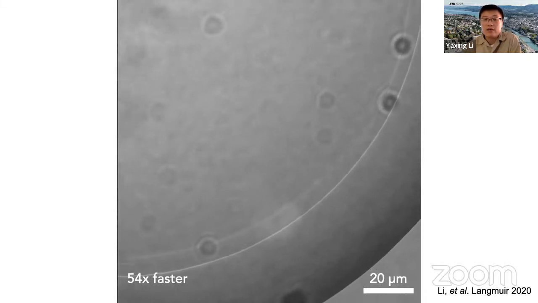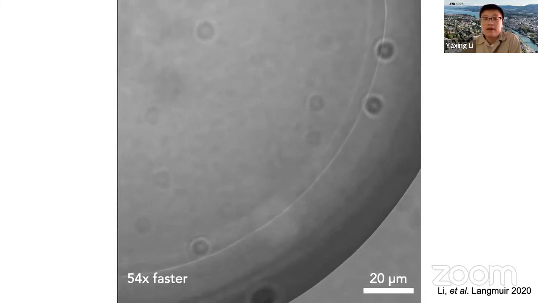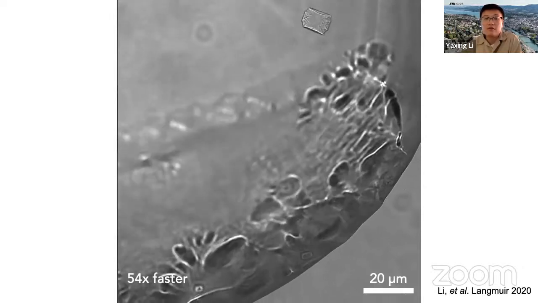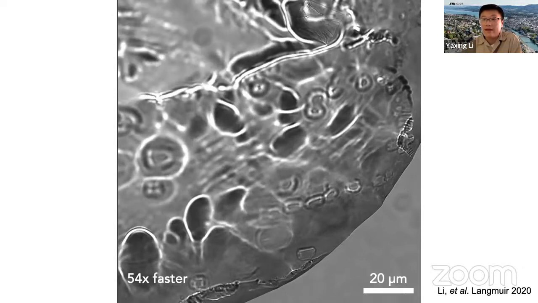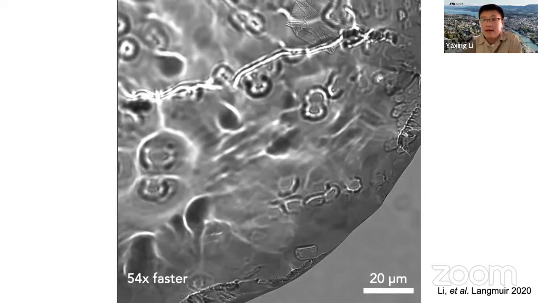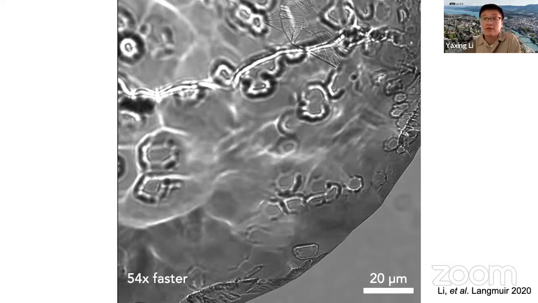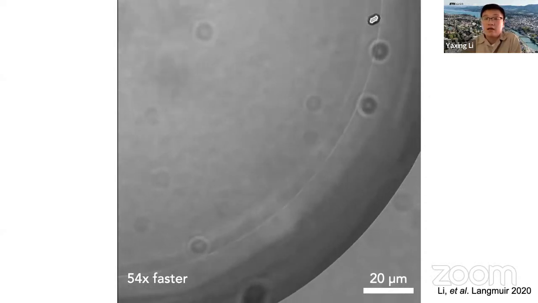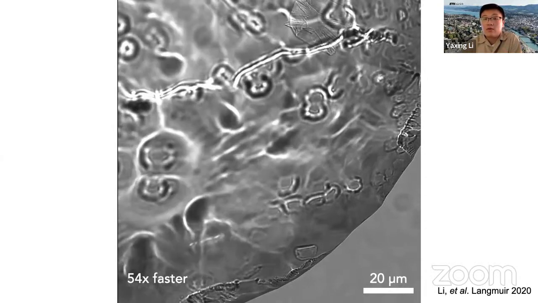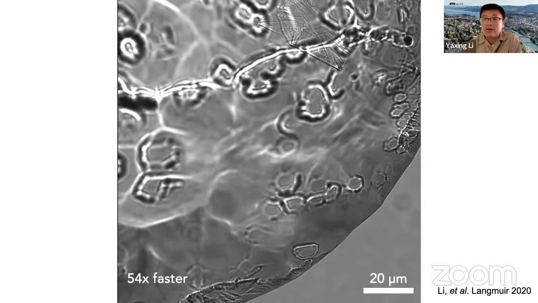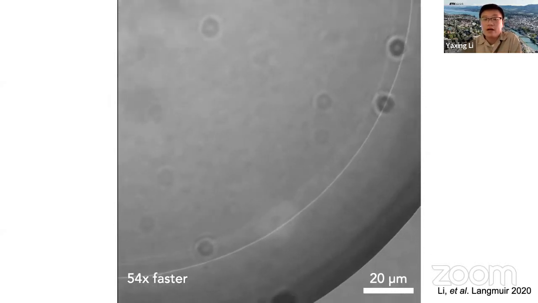Then we find at the beginning the droplets are transparent, and all of a sudden you see this beautiful crystal appears. And then it very quickly grows and occupies the entire drop and stops evaporation. Because crystal is solid, it sort of becomes a solid combination with liquid. So then you see this irregular buckling shape appears.